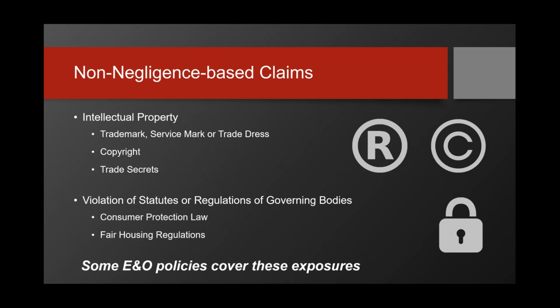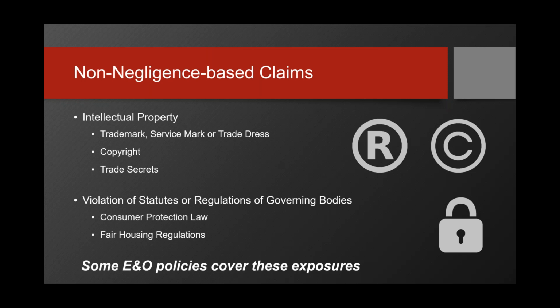It's a huge exposure. The claims tend to be big when they happen. You want to make sure that your E&O policies, if you're insuring anything in that marketing creative space, have intellectual property. All your forms don't necessarily have that. A lot of times it's available by endorsement. So that's something to keep an eye on when you're writing professional liability.